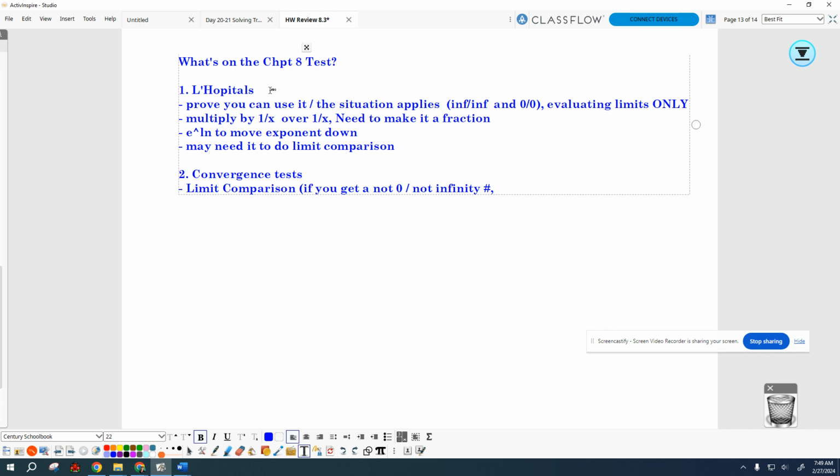Doesn't mean convergence. It means they both approach infinity at the same rate. Okay.